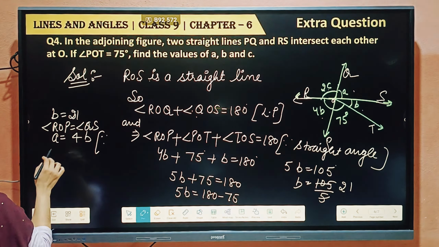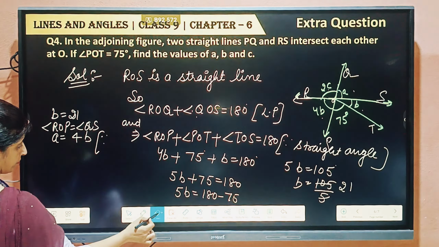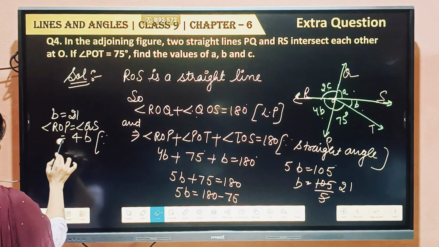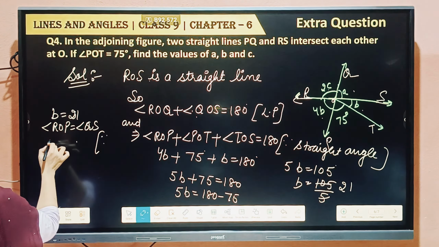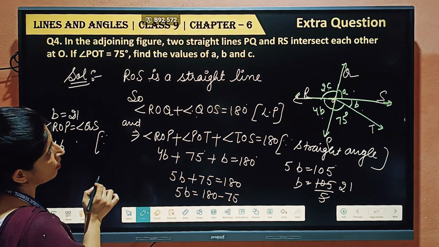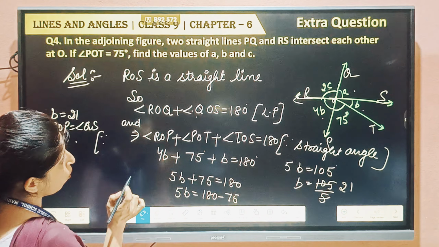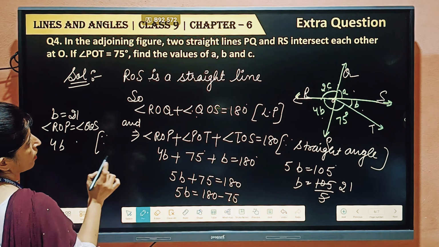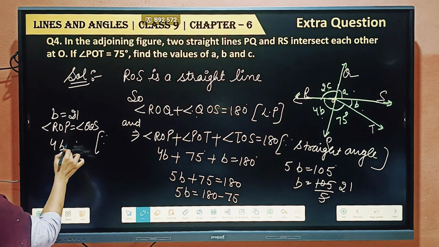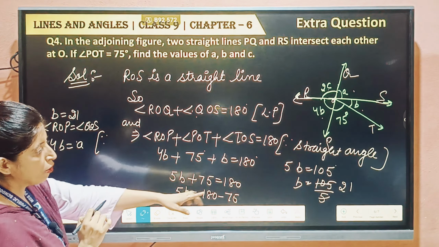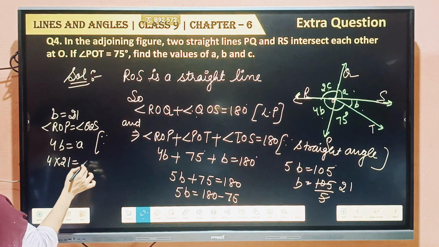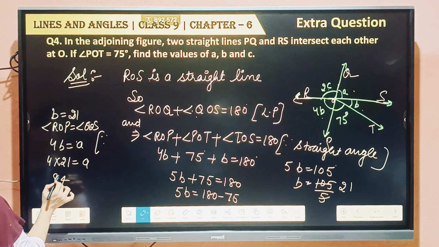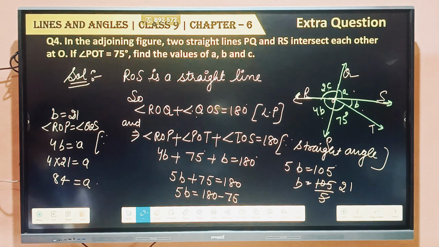ROP is 4B and angle QOS is A. B value came 21 degrees, so A came 84.